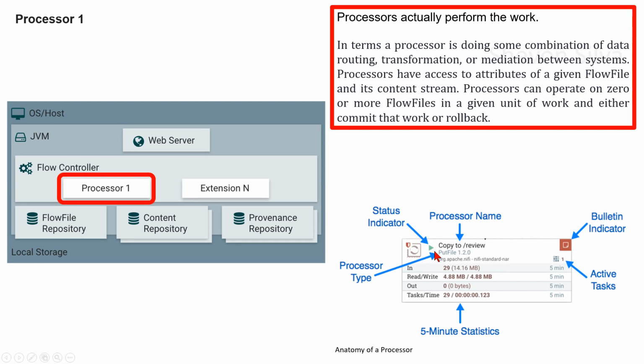Invalid: the processor is enabled but is not currently valid and cannot be started. Hovering over this icon will provide the tooltip indicating why the processor is not valid. And disabled: the processor is not running and cannot be started until it has been enabled. This status does not indicate whether or not the processor is valid. Here you can see running state, running status indicator here.